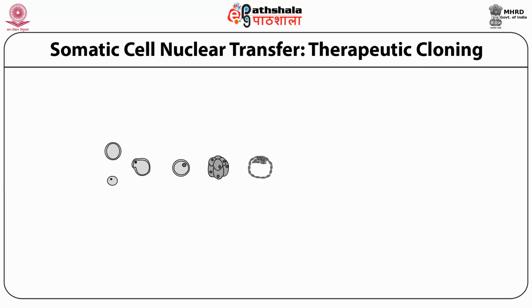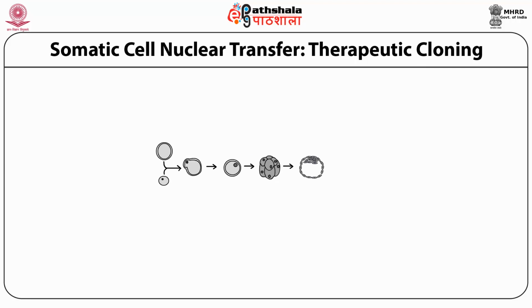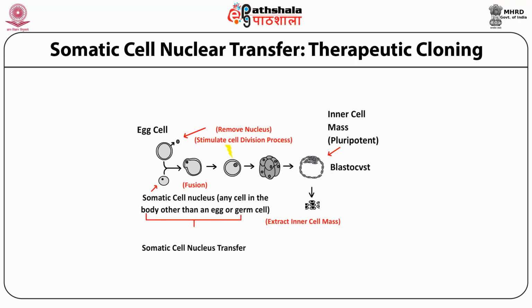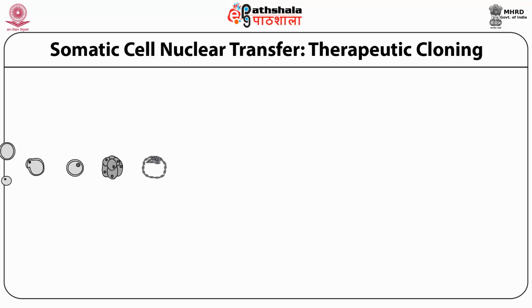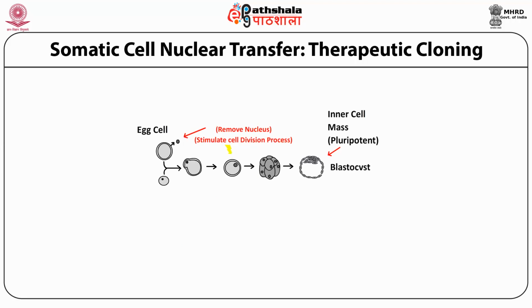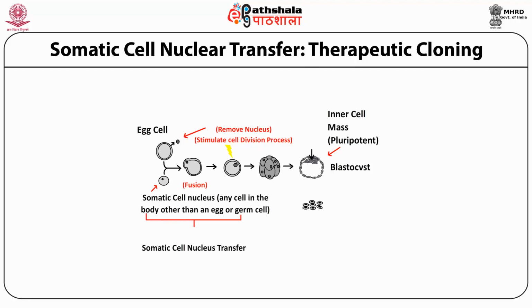Another part of somatic cell nuclear transfer is therapeutic cloning. In therapeutic cloning, the process of somatic cell nuclear transfer remains the same. That means we have an enucleated egg cell and a somatic cell nucleus. The nucleus from the differentiated cell is fused with the egg cell, which is activated and gets divided, and at the blastocyst stage, instead of putting this embryo in the surrogate mother or going for in vivo development, we harvest the inner cell mass cells of the blastocyst and culture them outside as pluripotent embryonic stem cells.